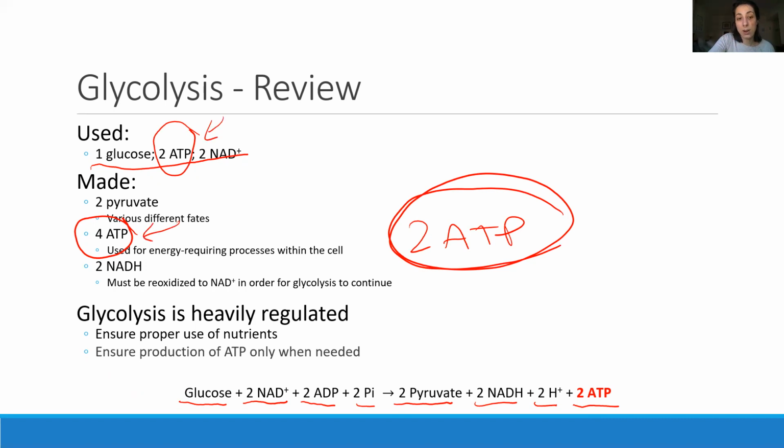So when we're writing our net reaction out, we're going to take 2 ADP and make 2 ATP. We need to add 2 phosphates to our ADP to make the ATP. And again, 2 NAD pluses are going in to make 2 NADHs.